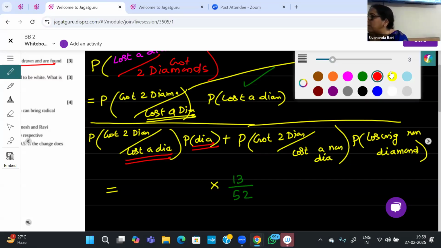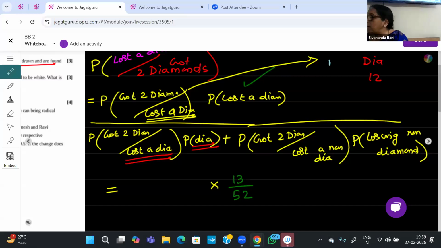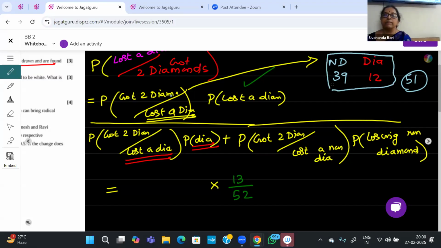Number of diamonds would have become 12 and non-diamonds would have become, same, very good, 39. But total cards will be 51. Remember that, because you lost a diamond. So what is the probability for you to get two diamonds in this new pack? After losing a diamond, this is your new pack, right?